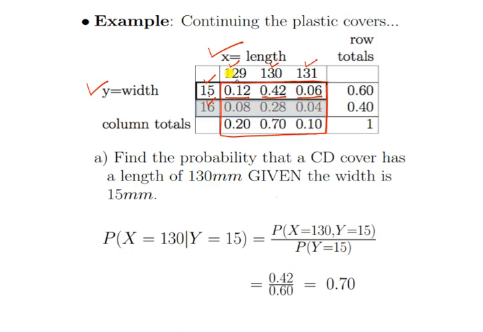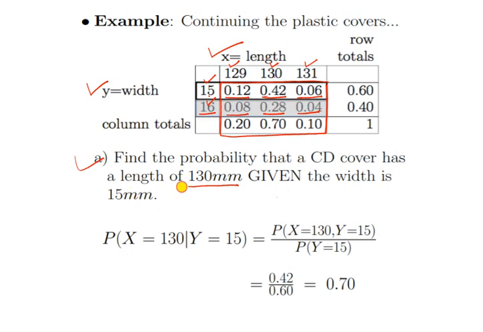Similarly, length is 129 and width is 16, then probability is 0.08. Length 130, width 16, probability is 0.28. Length 131, width 16, probability 0.04. So in that case, first part, find the probability that the length is 130 mm given that width is 15.